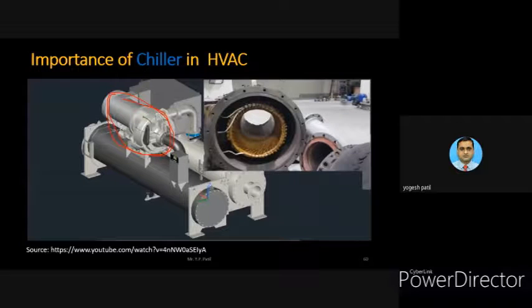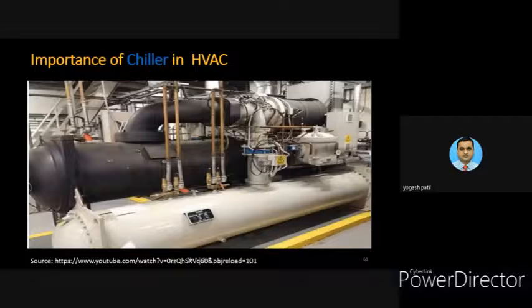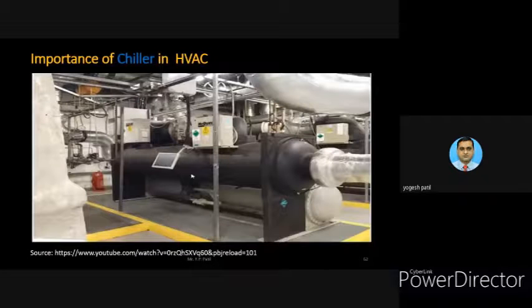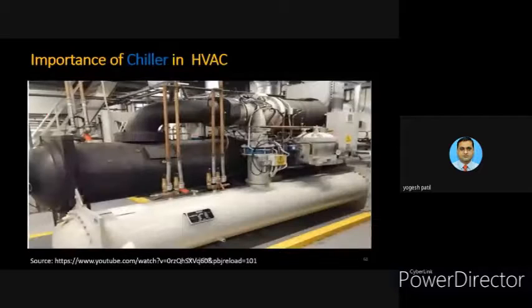So intentionally I added the internal structure of this compressor, so you'll get an idea of what type of armature and rotors are there in the centrifugal type of compressor. You can see this diagram is the actual diagram. Now maybe you can clarify from this diagram.